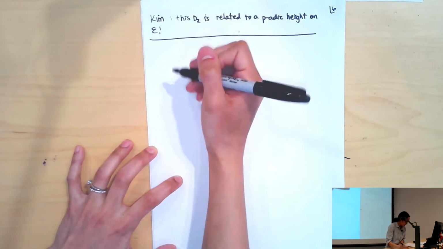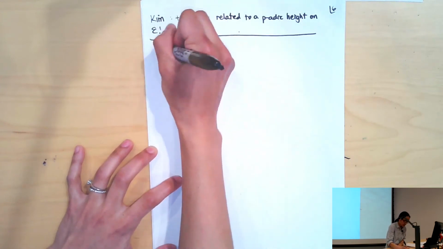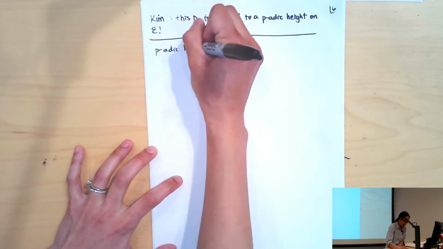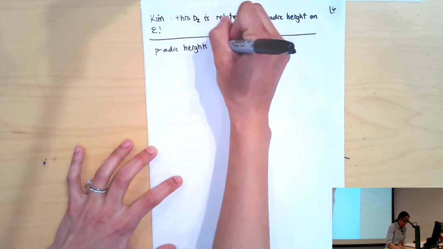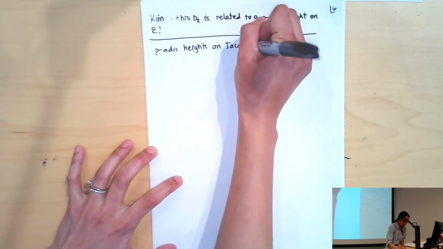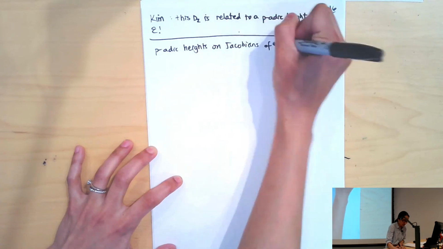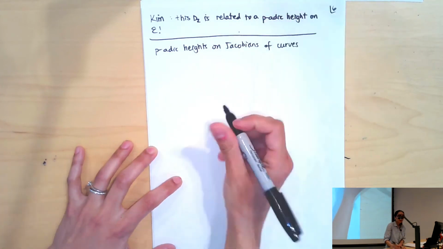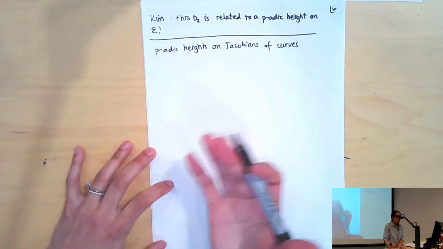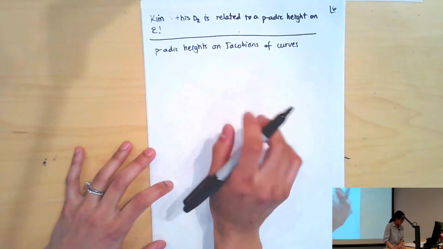The next thing I would like to talk about is p-adic heights on Jacobians of curves, and the relationship between some of these double Coleman integrals and p-adic heights on curves.